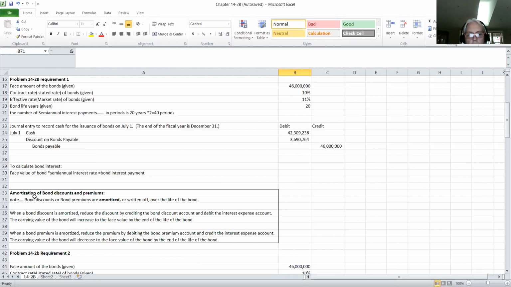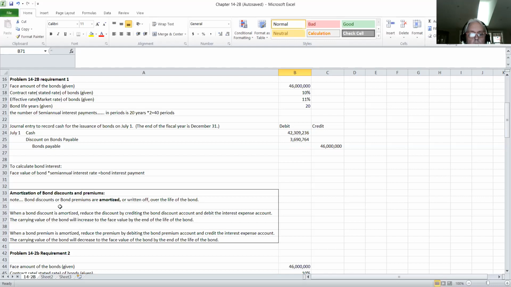And what amortization means is that you're just going to write the discount amount of the bond off over the life of the bond. So you need to know that bond discounts, or a bond premium if you had one, are going to be amortized or written off over the life of the bond.